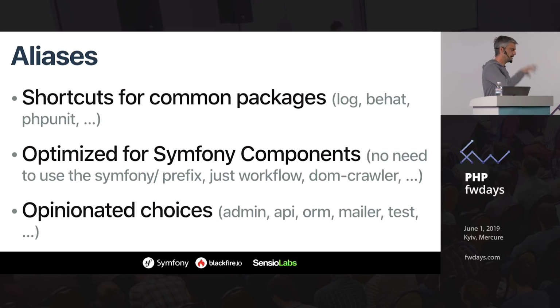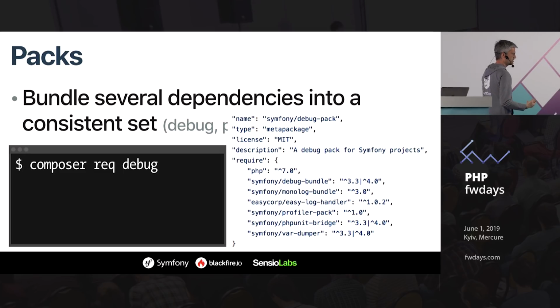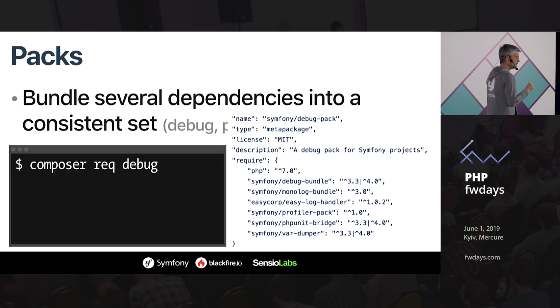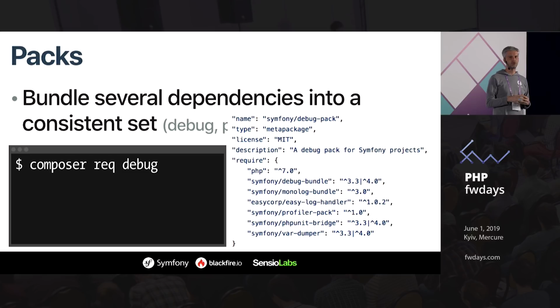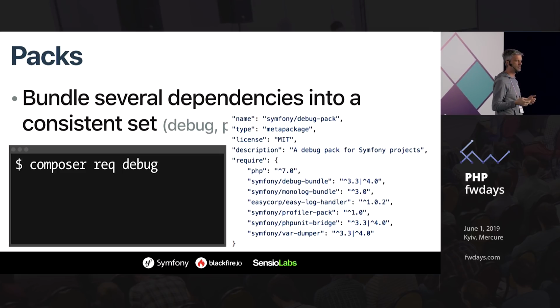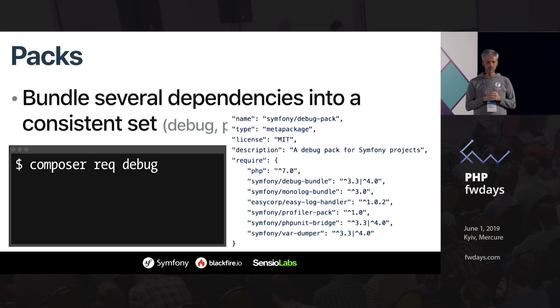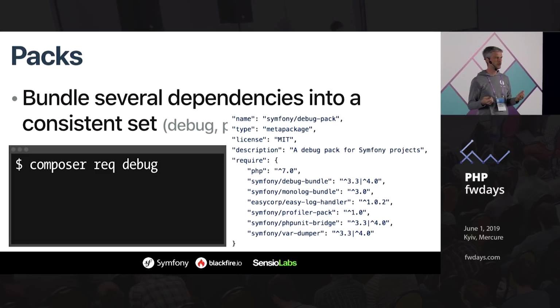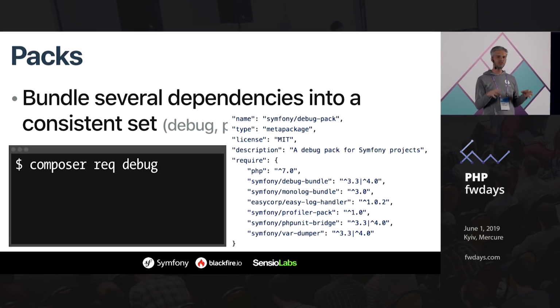Okay, so we have aliases and we also have packs. Remember, we don't have all the Symfony components by default, only the ones that you are using. But at some point, you will want to debug your project. So you want to get Monolog, probably the profiler as well, PHPUnit, VarDumper, and a bunch of other ones. So it would be tedious to actually require all of them one by one.